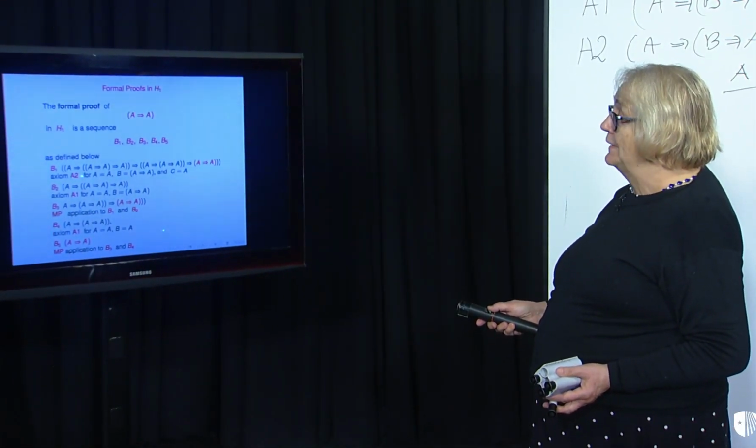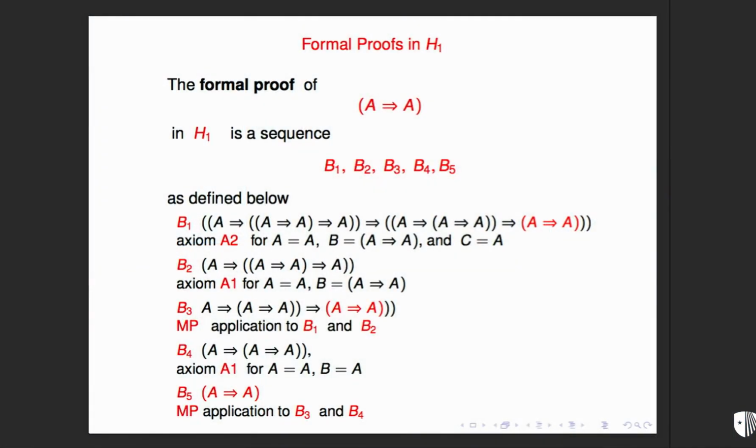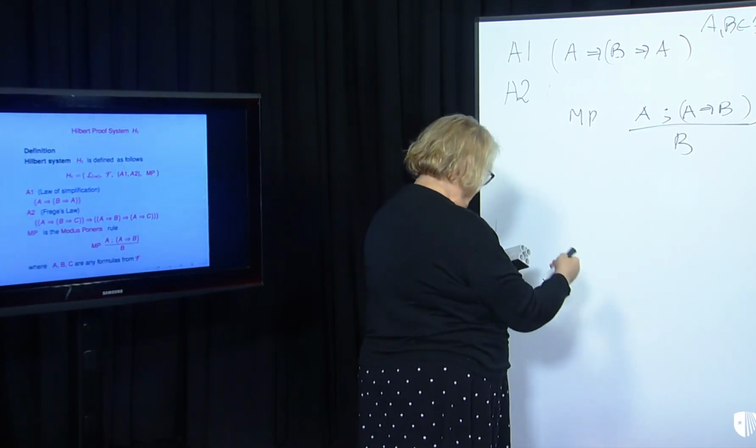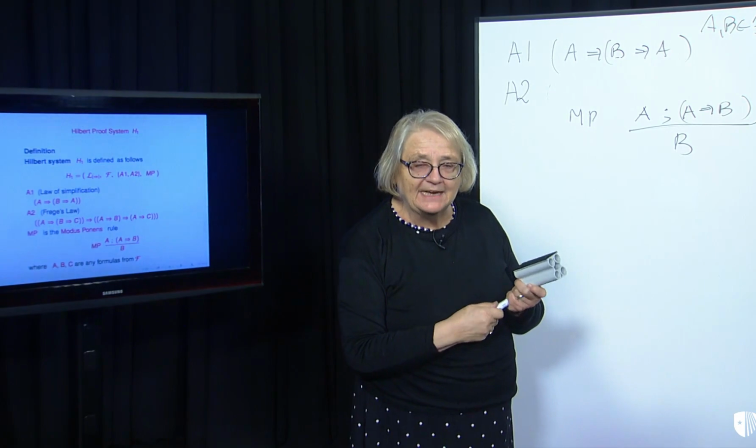You start with axiom 2, where you take this axiom 2 for A in the axiom equal A, and B in the axiom equal A implies A, and C, of course. I wrote axiom 2 twice. So axiom 2, you see, you always find where you made the mistake.